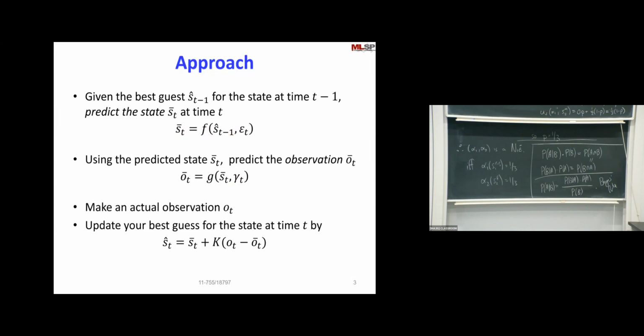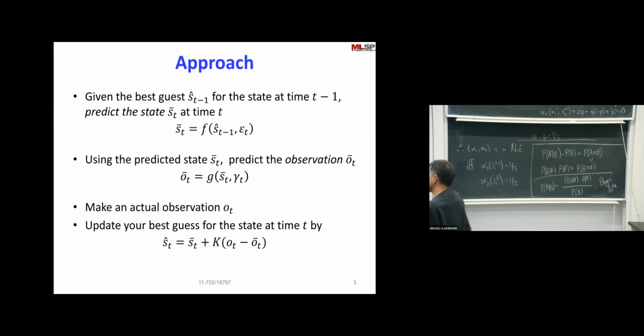And so here is how the estimation process went. You start off, you had a best guess for the state at time t-1, or we can say the best guess for the state at the current time. And using the state at the current time, you guessed and the state transition relationship, you predicted the state at the next time.